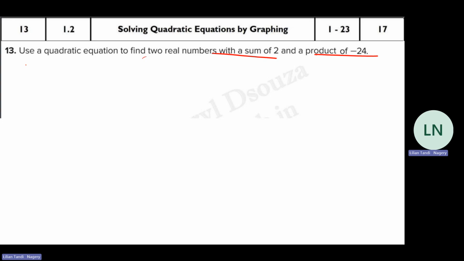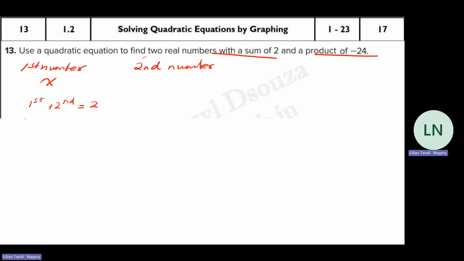So I don't know my first number. Since I don't know my first number, I'm going to say x. Okay? Now, my second number, what I know about it, it has to be 2 minus the first number, because I know that the first number plus the second number must equal 2.